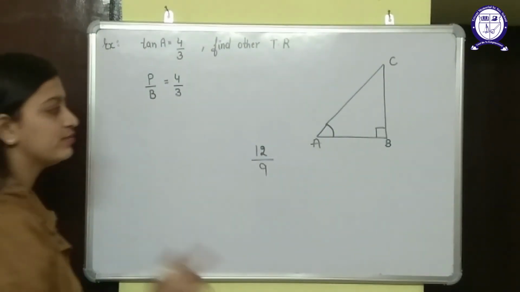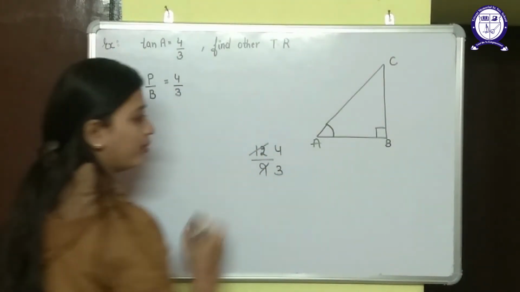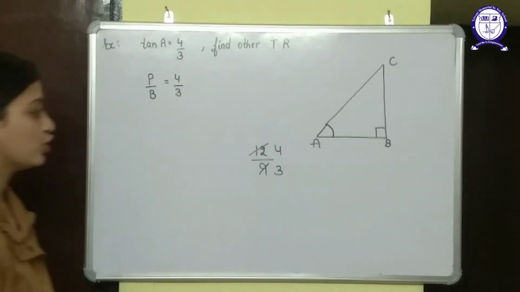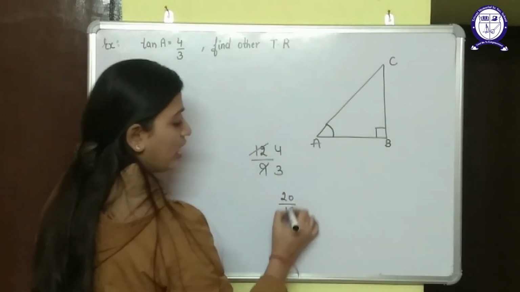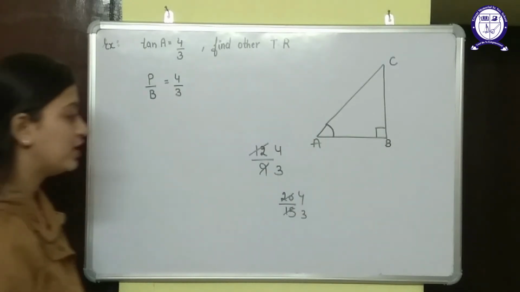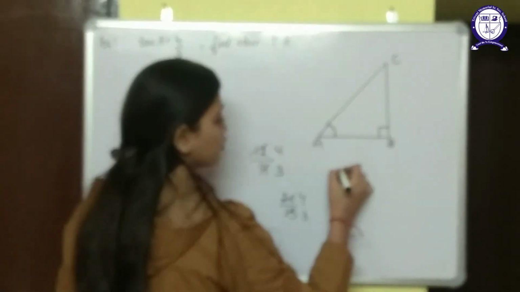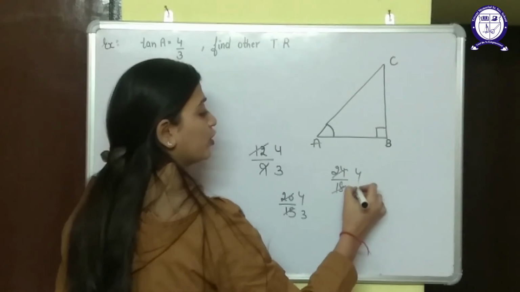I can change it into the simplest form and I will get 4 upon 3. Also, I can have 20 upon 15 and this is also 4 upon 3. Similarly, I can have some other values also like 24 upon 18. This is also 4 upon 3.